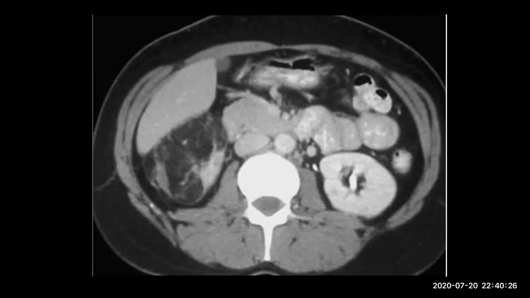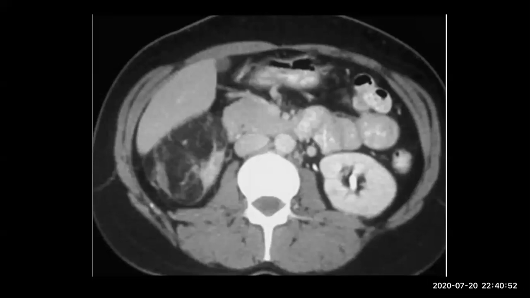Is the mass exophytic or non-exophytic? I need more sections, the coronal section. It is exophytic. Most of this kidney is occupied by the mass.